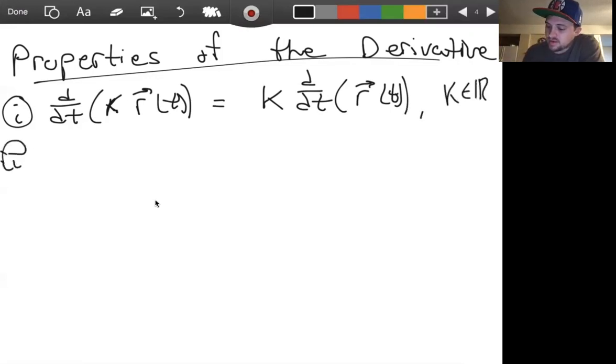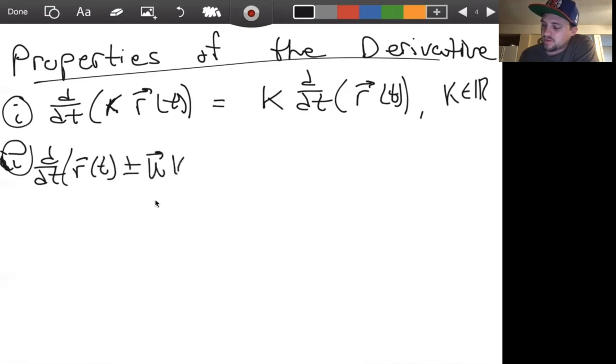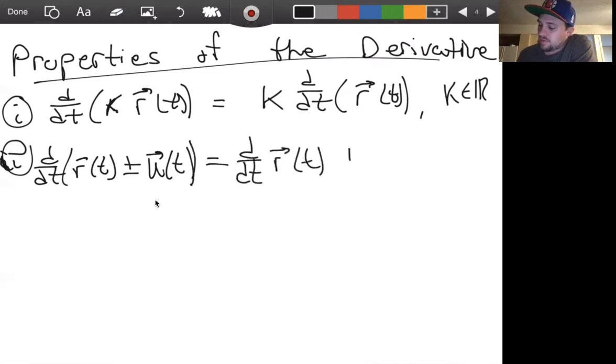The next property I'd like to discuss, number 2 here, is a property of vector sums and vector addition. If you take the derivative of the sum or difference of two vector valued functions, so let's say we're taking r(t) plus or minus u(t), then this is the same as the derivative of r(t) plus or minus the derivative of u(t).